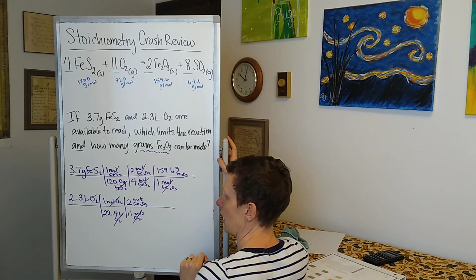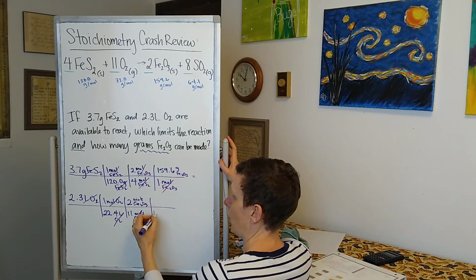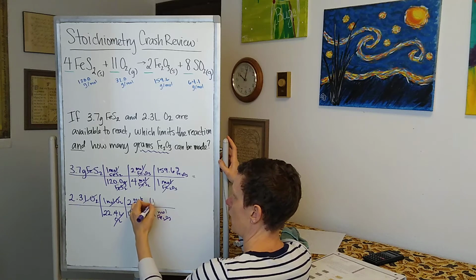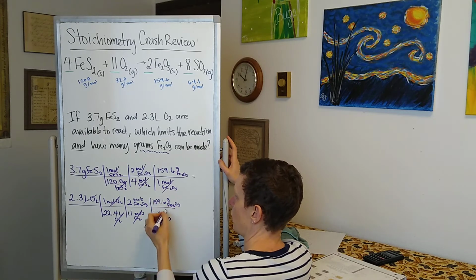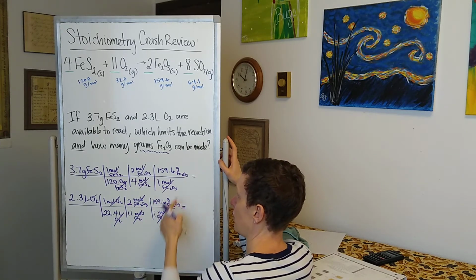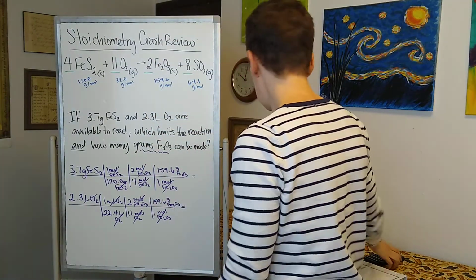So the moles of oxygen cancel out. And then my final step is going to be the same as this one. 1 mole of Fe2O3 weighs 159.6 grams of Fe2O3. Okay, so those cancel out, and now both of my problems are going to end up with grams of Fe2O3, so I can make a comparison.